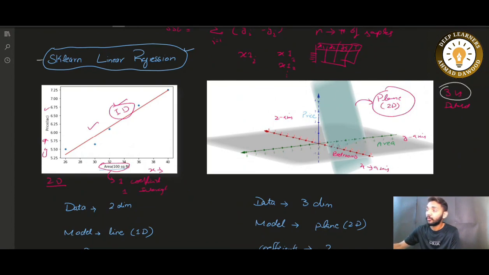If we have more than three variables, we cannot plot our graph. We cannot visualize it in the real world. How can we plot in four-dimensional space? We can't do that.